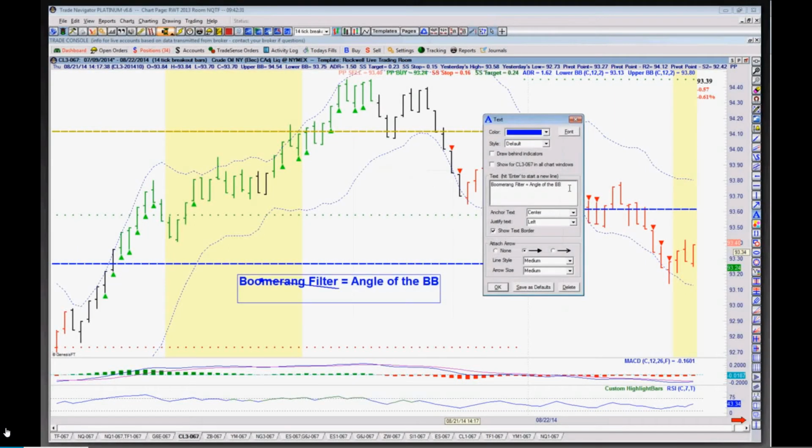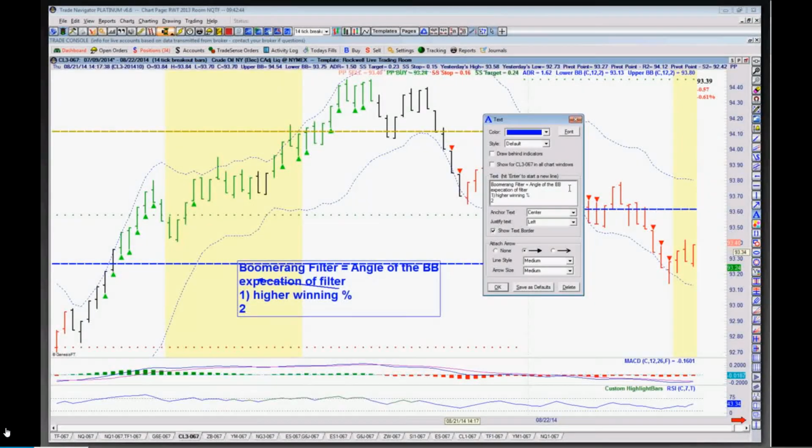Now, what you would expect: one, higher winning percentage. Two, fewer trades.